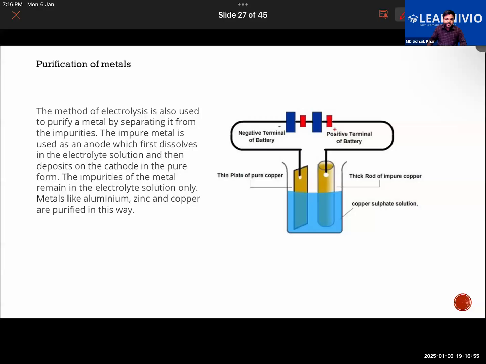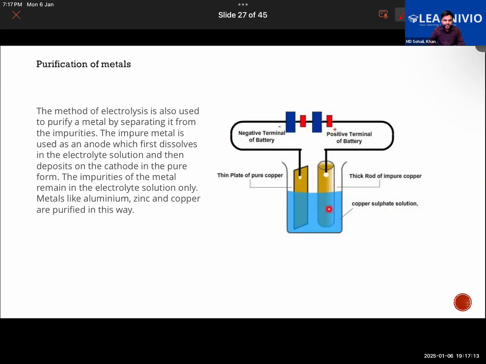Another application is that in the purification of metals also, electrolysis is used. So let us understand how it is performed. Suppose you have to purify this impure rod of copper.